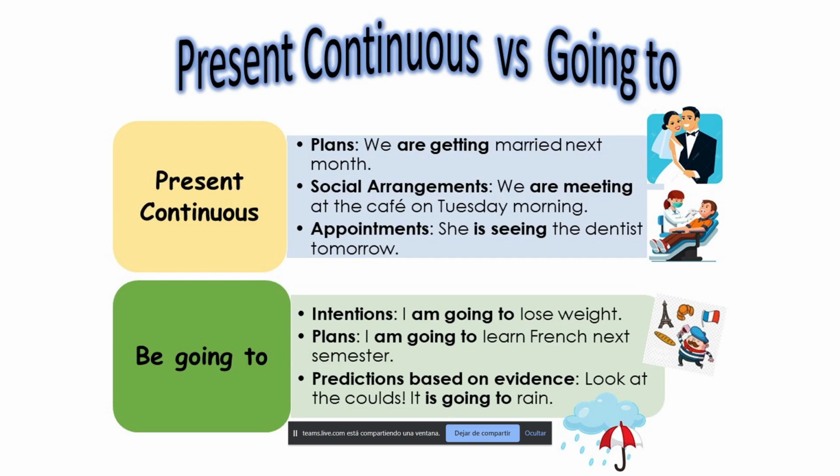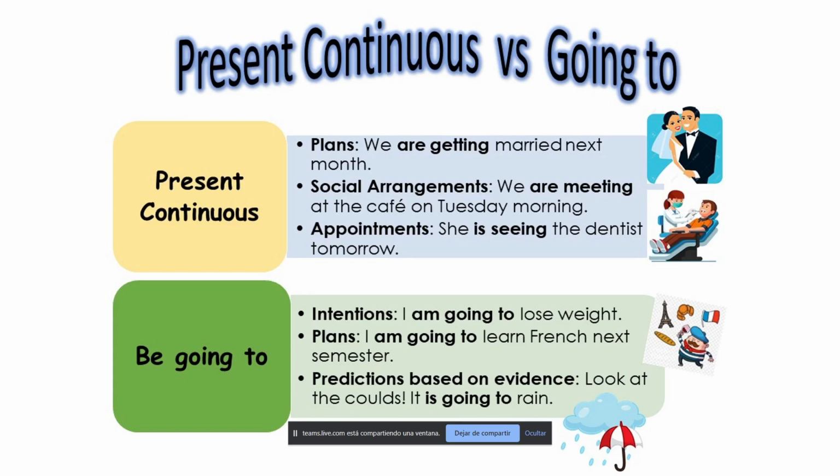For example, for plans, maybe we are getting married next month. This is sure to happen, and we can say we are getting married or we are going to get married, and both are correct.